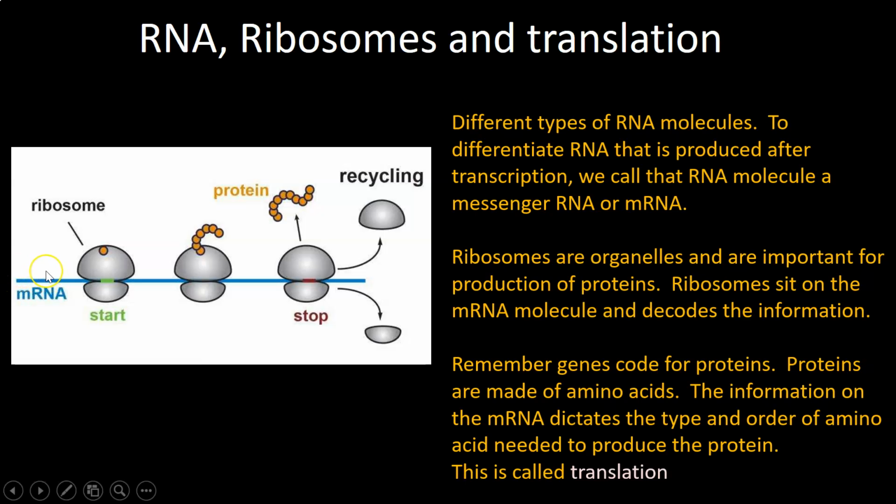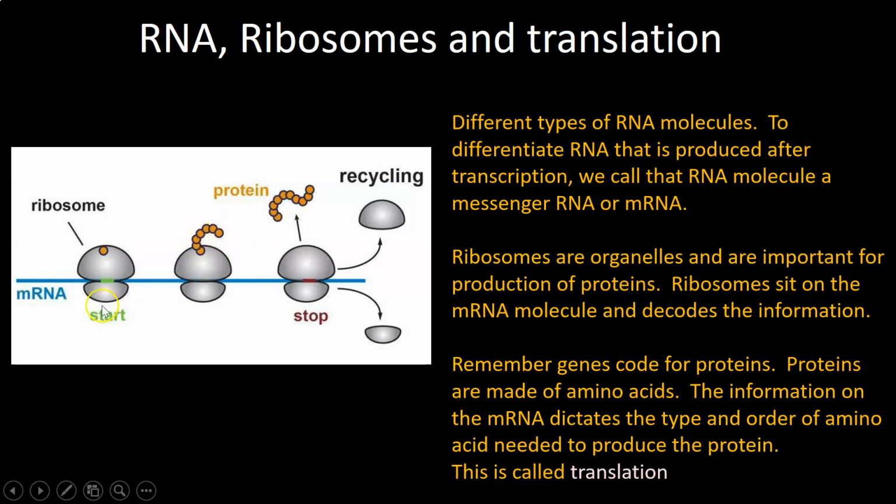So if ATG decodes for a particular amino acid, the ribosome will attach that amino acid. It'll go along to the next triplet of nucleotides, which will code for another amino acid, and the ribosome will then attach the relevant amino acid. It'll keep doing this, and eventually you get a long strand of amino acids.